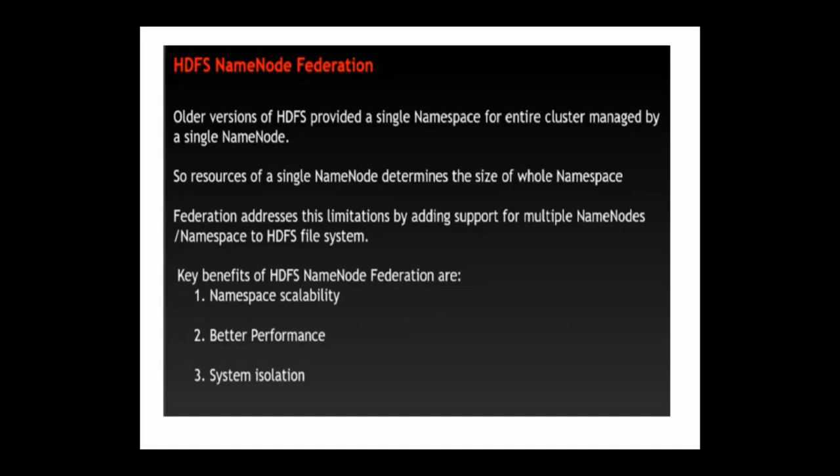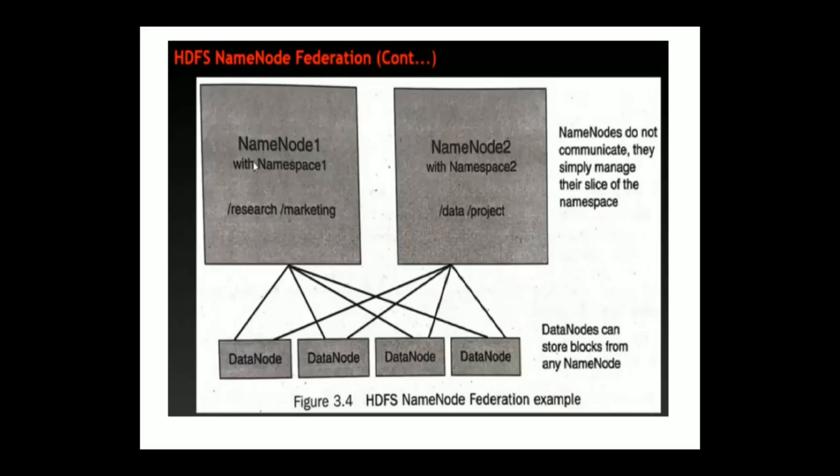Federation addresses this limitation by adding support for multiple name nodes. The key benefits of name node federation are namespace scalability, better performance, and system isolation.